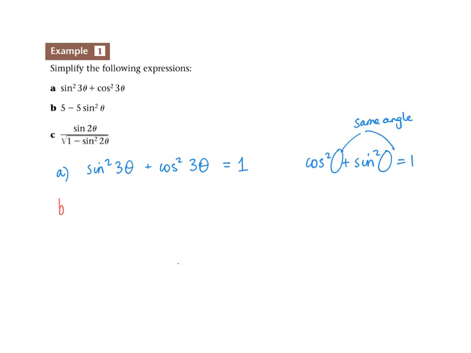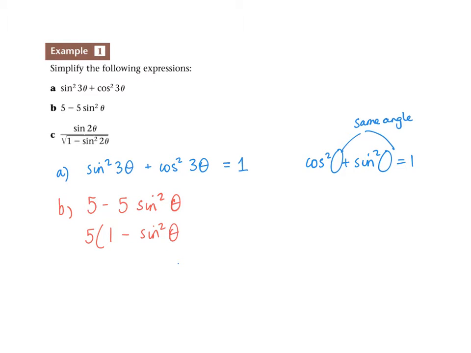Looking at B, we've got 5 minus 5 sine squared theta. So if I take a common factor of 5 out, I get 1 minus sine squared theta.